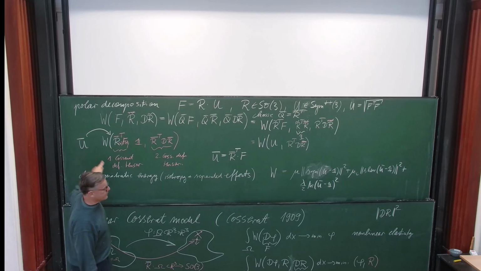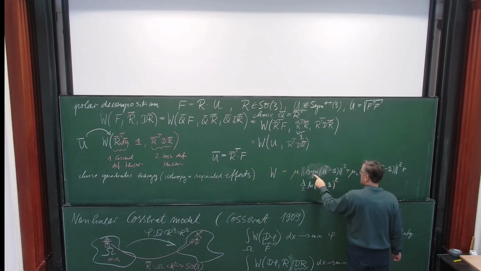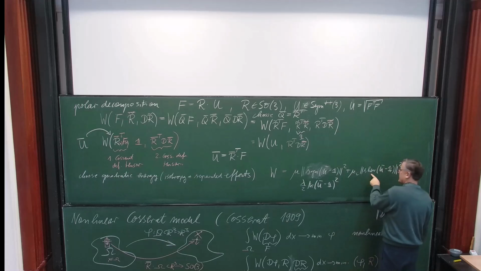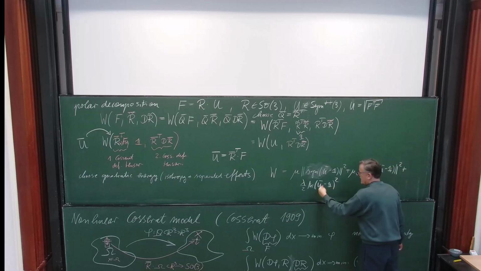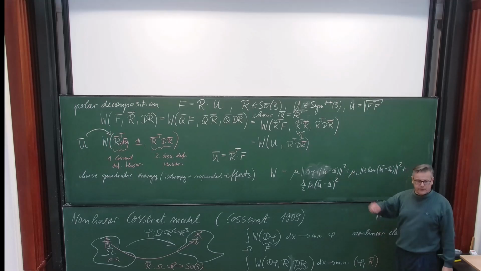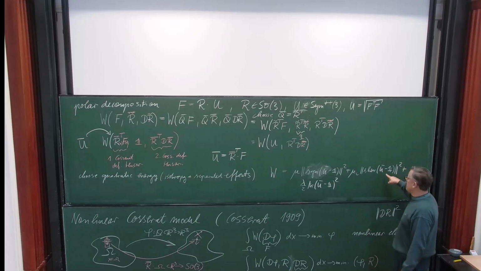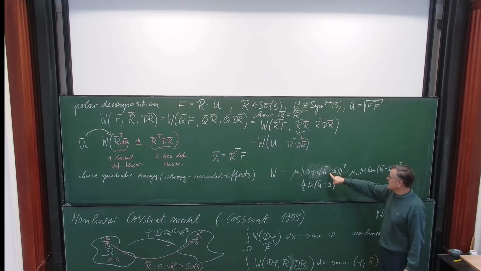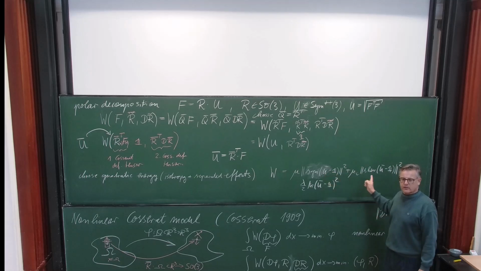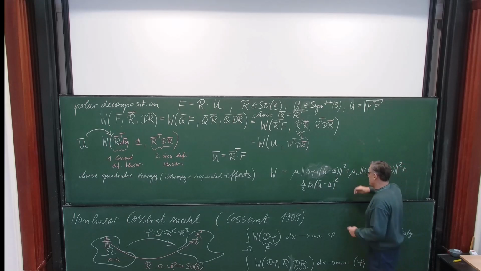Therefore you can split your 3x3 matrix into a symmetric part, an antisymmetric part and a trace part. That gives you the whole possibility for terms in U bar, and I have added one condition here. At the identity, if nothing happens, I want to have zero energy for a quadratic energy. That is the identity tensor, 3x3.